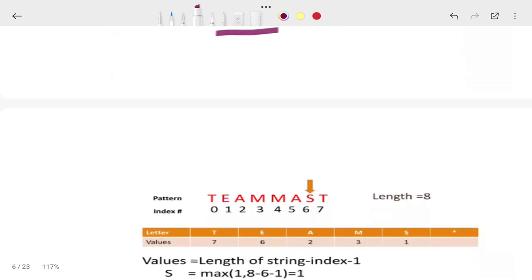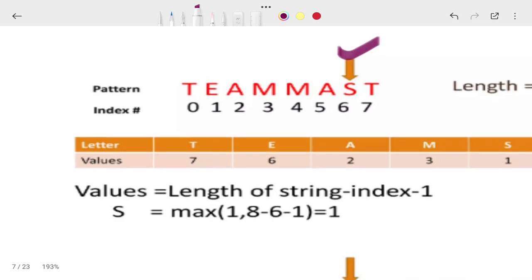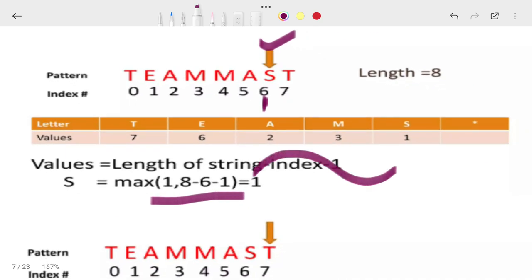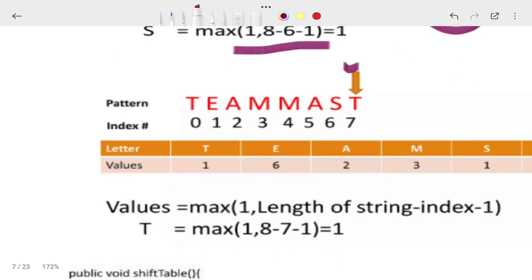Now next is S: 8 minus 6 minus 1, where 6 is the index of S. This is 1. In place of S I am writing 1, since it came only the first time. Now next is T: 8 minus 7 minus 1, where 7 is the index.